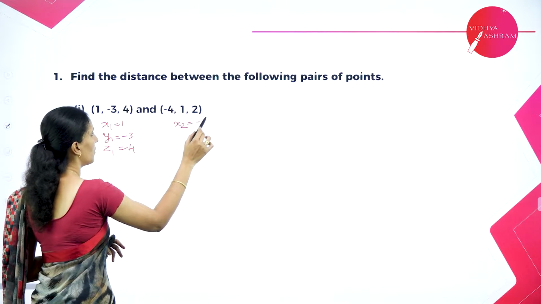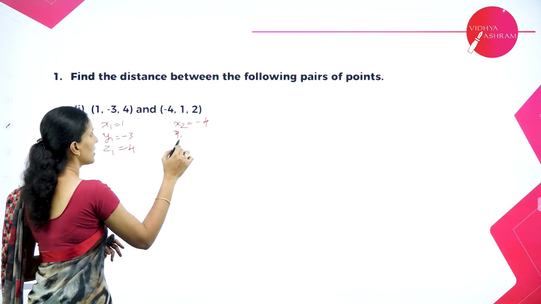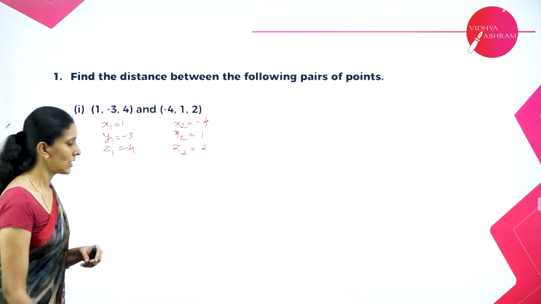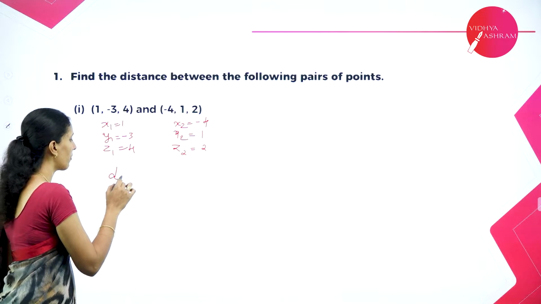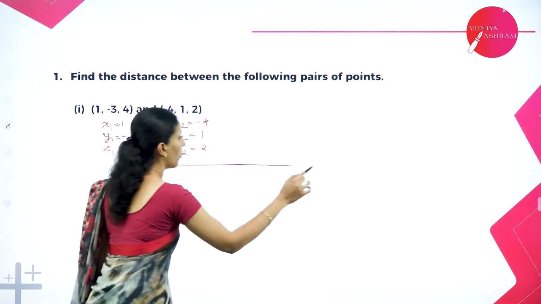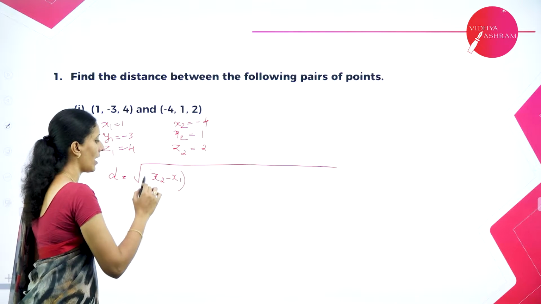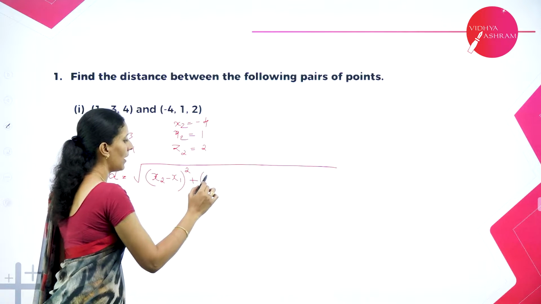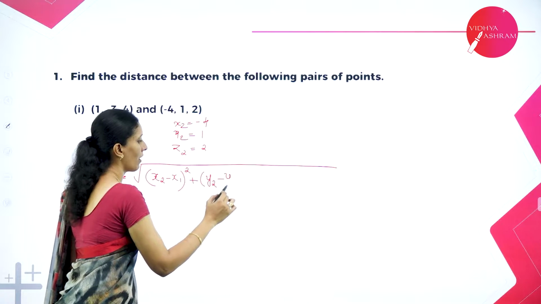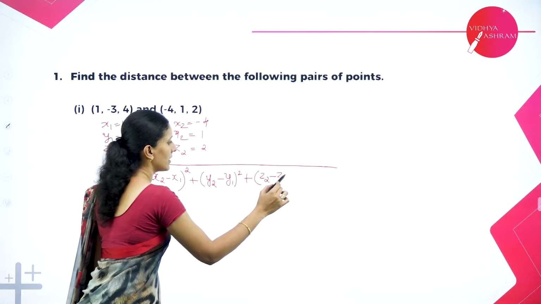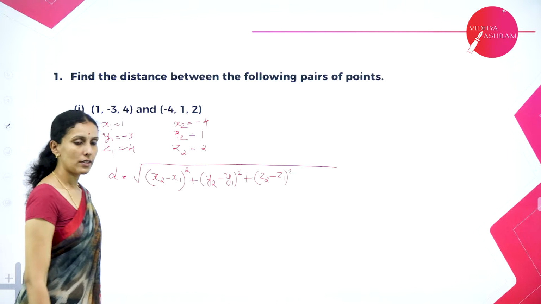Similarly, x2 is equal to -4, y2 is equal to 1, z2 is equal to 2. Now apply the distance formula, small d. You can take it as square root of, write the formula, x2 minus x1 whole square plus y2 minus y1 whole square plus z2 minus z1 whole square. So this is the formula.